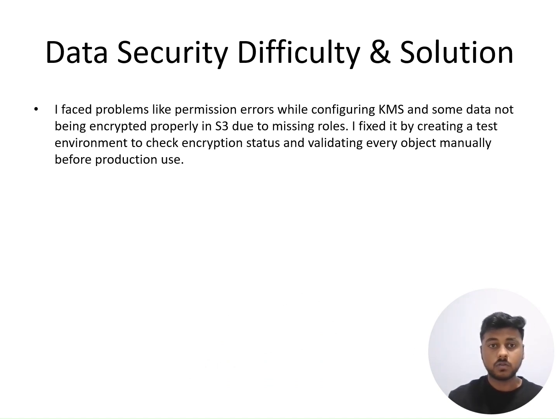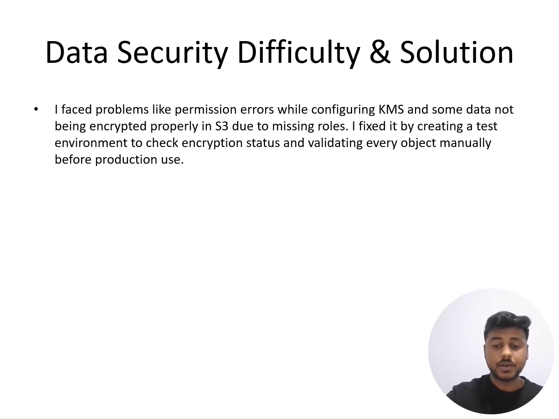And now I would like to tell about the difficulties which I faced. During the configuration, I ran into some permission related issues. For example, certain objects in S3 weren't being encrypted automatically because the associated IAM roles were missing permissions to use the KMS key.